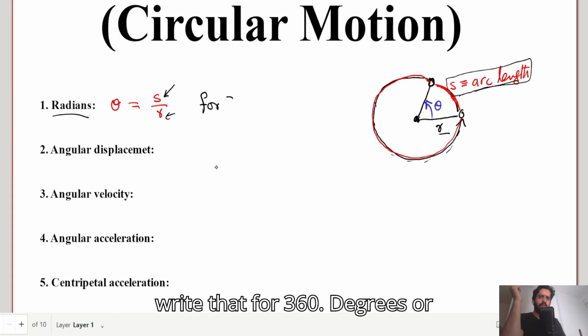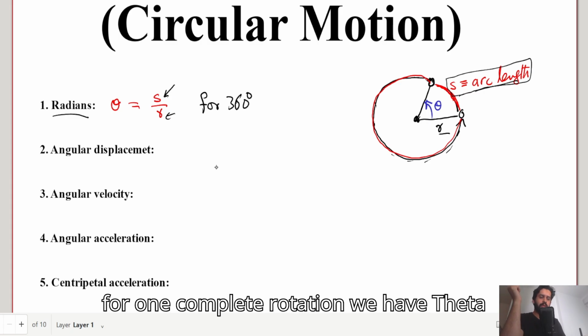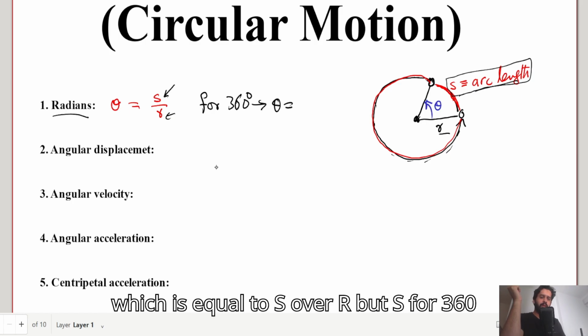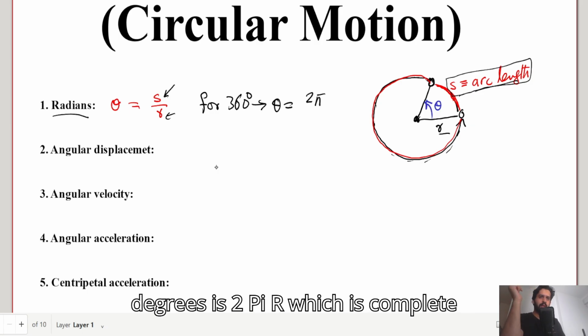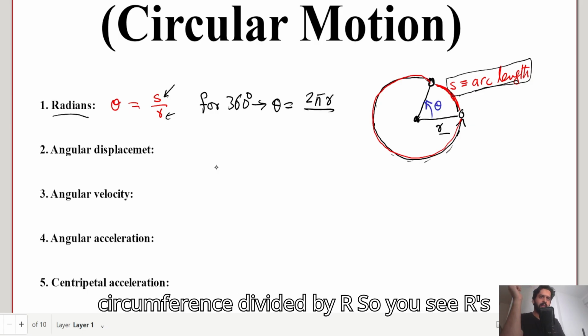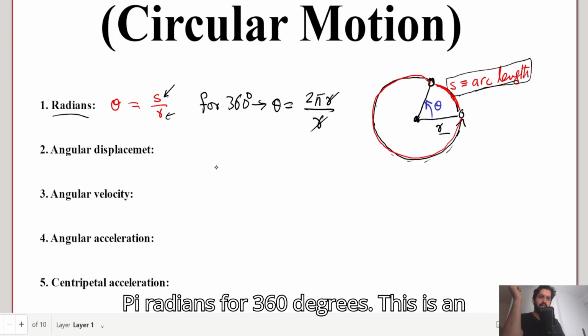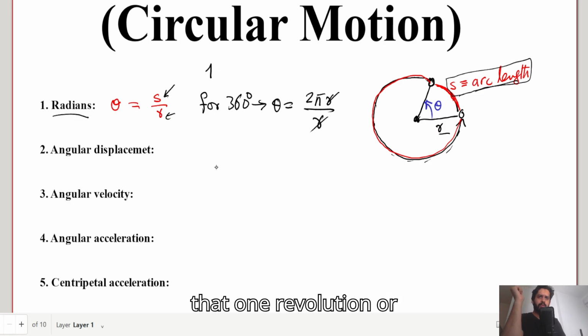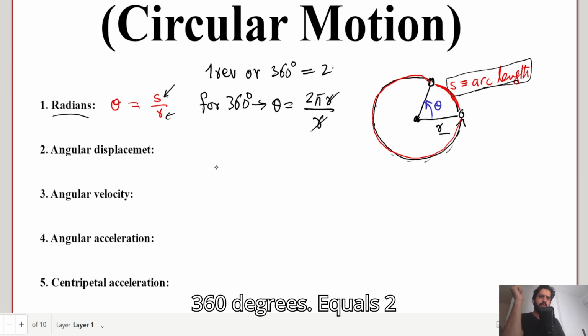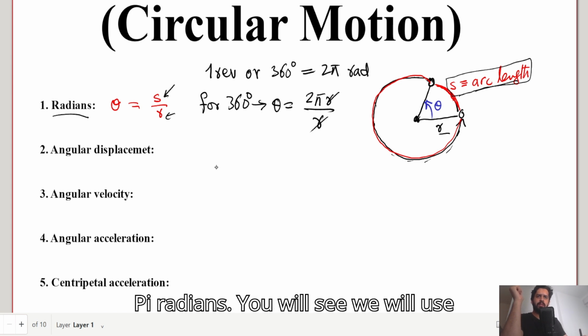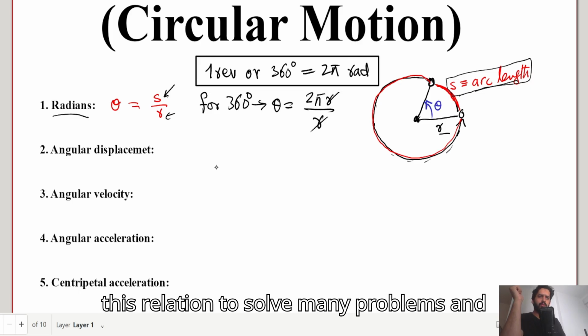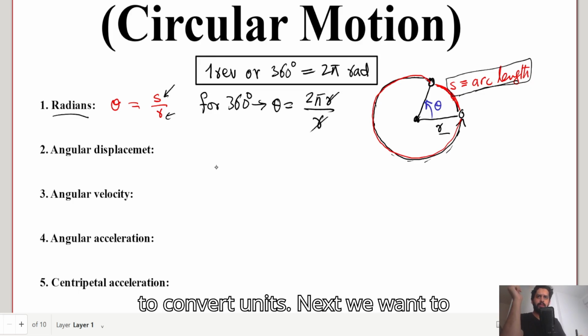So for 360 degrees, or one complete rotation, we have theta equal to s over r, but s for 360 degrees is 2 pi r, divided by r. So you see the r's get cancelled and you get theta equals 2 pi radians for 360 degrees. This is an important relation we want to remember, that one revolution or 360 degrees equals 2 pi radians. You will see we will use this relation to solve many problems and to convert units.